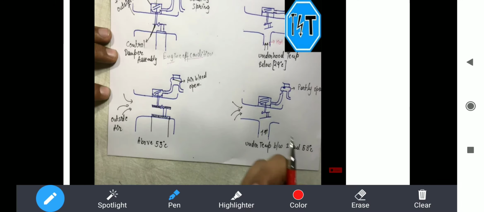Now before going through this, I will share this diagram. This is a 2D diagram.